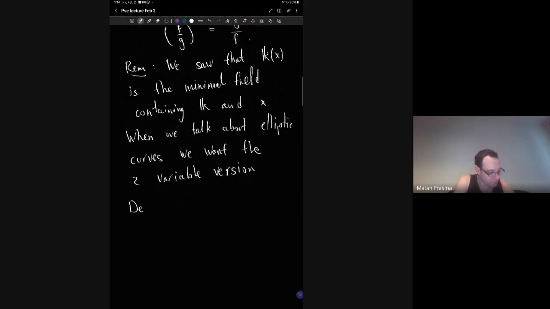We define K(x,y) to be the set of all quotients f(x,y) divided by g(x,y), such that f and g are polynomials in two variables over K, and g is non-zero.